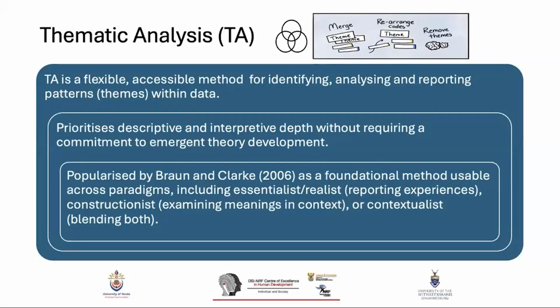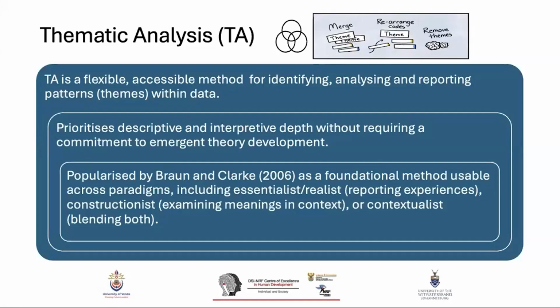So this type of analysis prioritizes the descriptive and interpretative depth without necessarily requiring a specific commitment to an emergent theory development. So unlike grounded theory that we've just talked about, which focuses on us having a theory of what's actually leading to specific issues or specific phenomena, thematic analysis is much more focused on describing the issues, like what is happening.